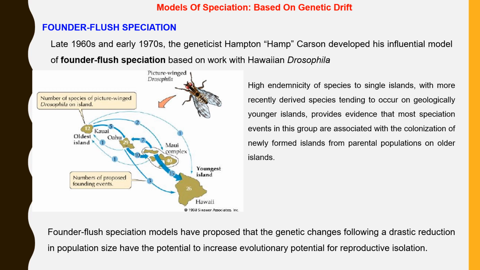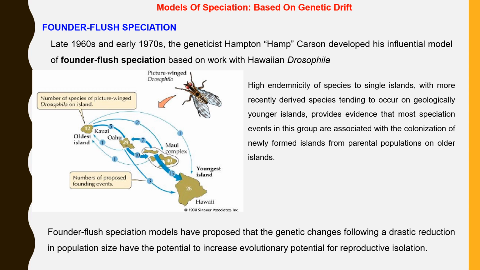The arrows in the figure represent the number of founder events that have occurred with time. For example, from Kauai to Oahu, 5 founder effects. From the Maui complex to Hawaii, 15 founder effects. The numbers inside the islands indicate the number of species found.